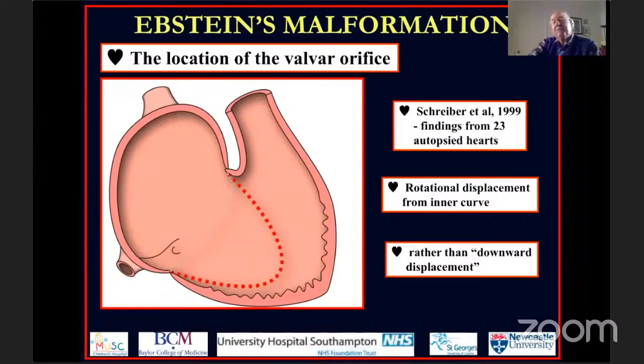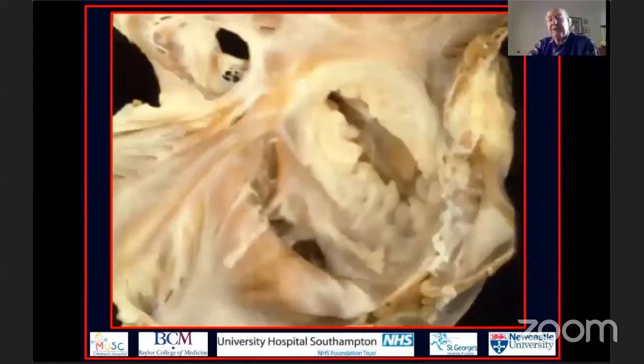It is only downward displacement when we put the heart on its apex and we describe it in Valentine fashion. When we look at the heart in attitudinally appropriate fashion, it is a rotational displacement. And it is that rotation that is the key to understanding.